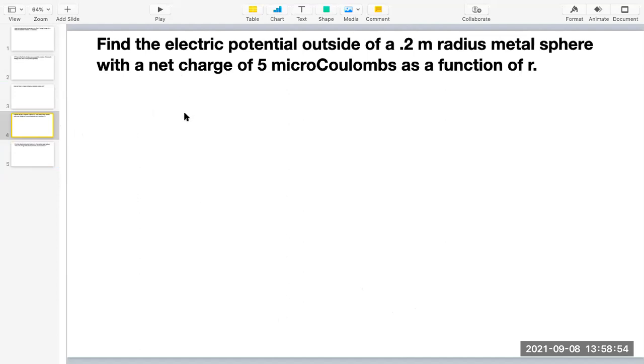we've got a sphere. And it's metallic, so this charge that's on it is going to be uniform over its surface. So what would the electrical potential be if you're near the sphere but not inside of it?